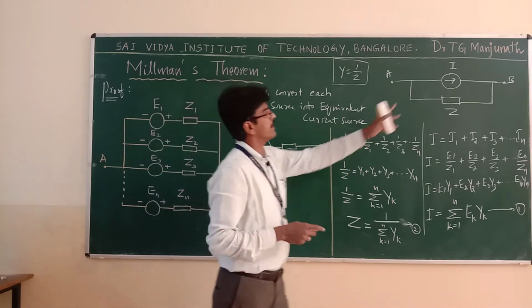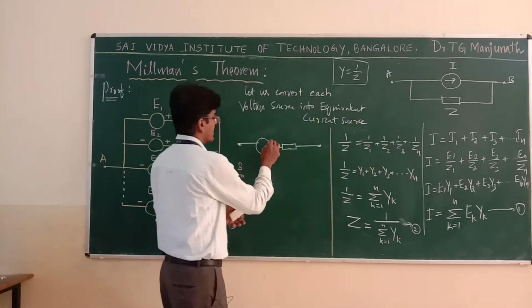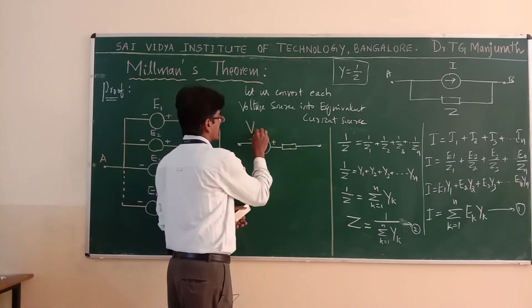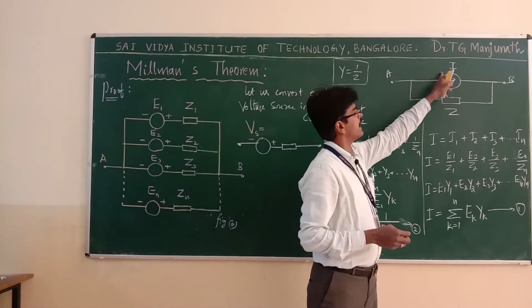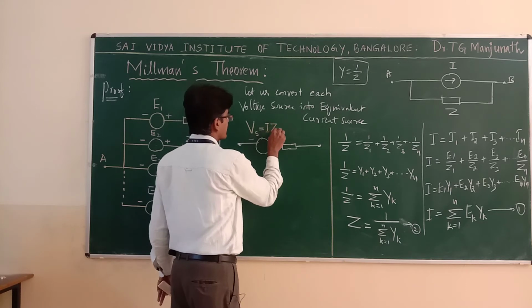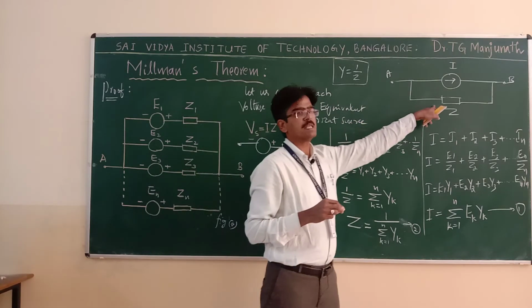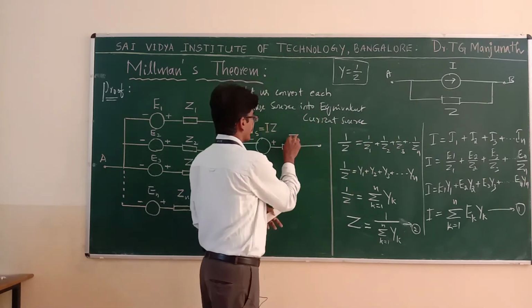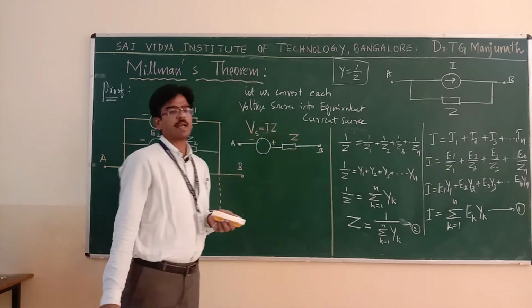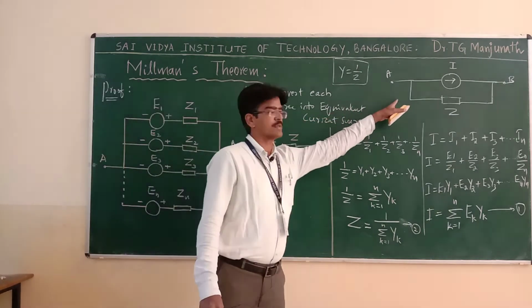The current direction is to the right side, hence this should be positive and this should be negative. The voltage source Vs is equal to I into Z, in series with the same impedance Z, across the terminals A and B. I have converted this current source into a voltage source.